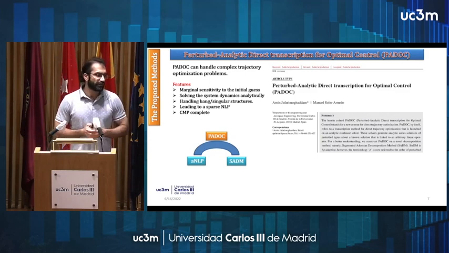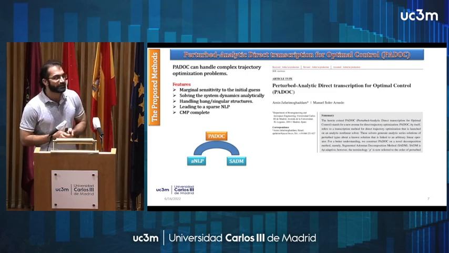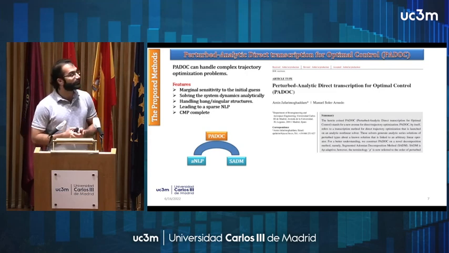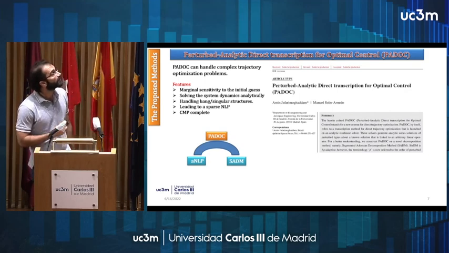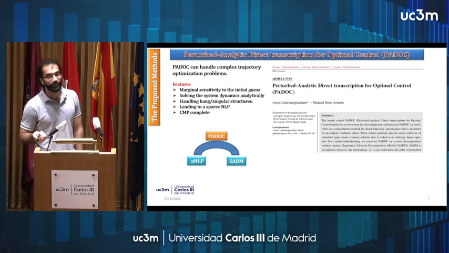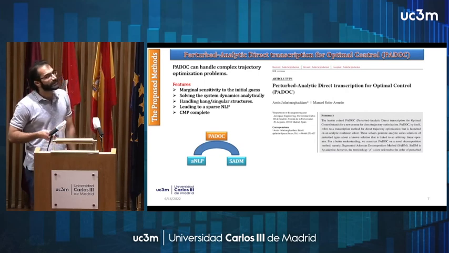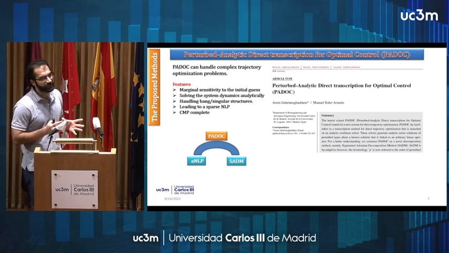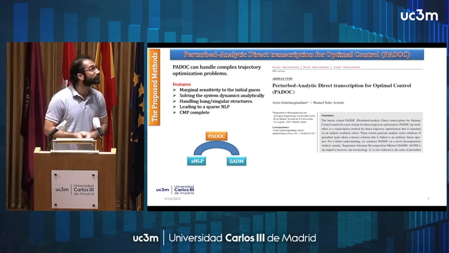It also solves the system dynamics analytically, which allows handling bang singular structures, leading to a sparse nonlinear programming, and it is CMP complete. CMP is a lemma, or rather a conjecture, that asserts each direct solution will eventually converge to an indirect counterpart solution.